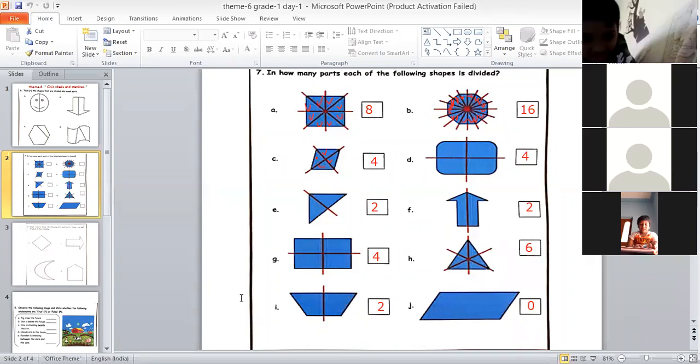Please take that scale and pencil in your hand.